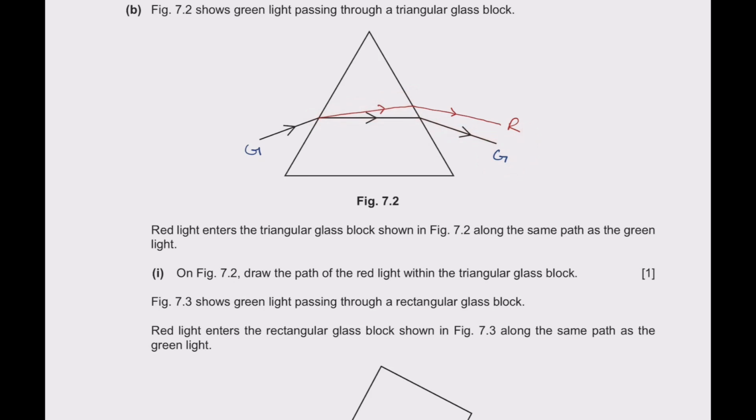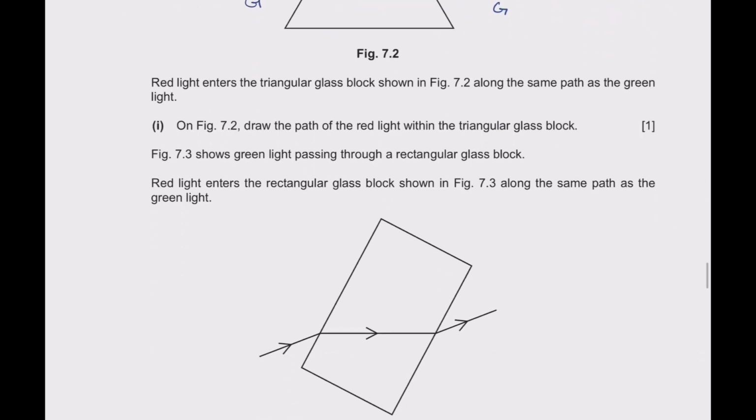The longer the wavelength, the less the refraction or bending. So red wavelength is greater than green wavelength, and that is the reason for this diagram.